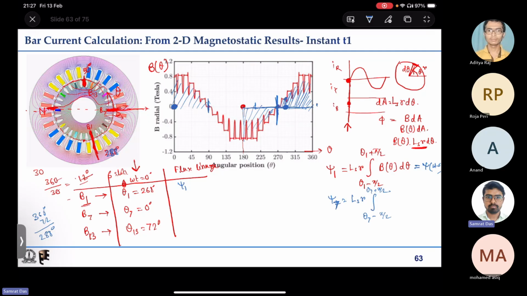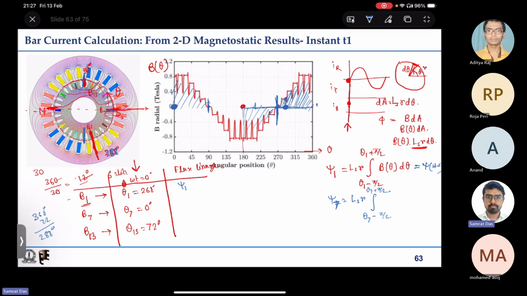The b7 coil location is at 0 degree, so if we take integration, we have to take from minus 90 to 90, from 270. So minus 90 to 90, is it correct?